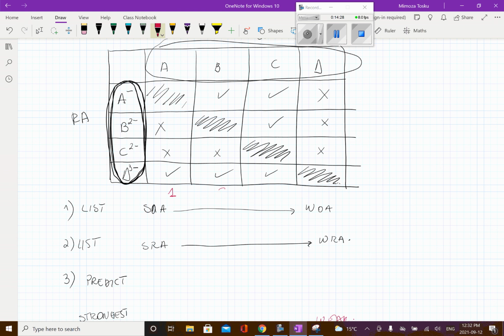B is reacting with 2, and C is reacting with 3, and D is 0, reacting with no one.